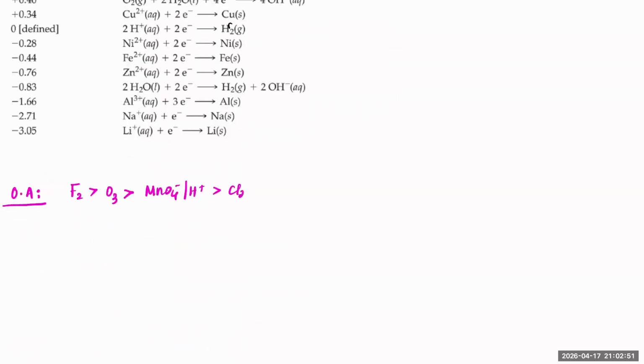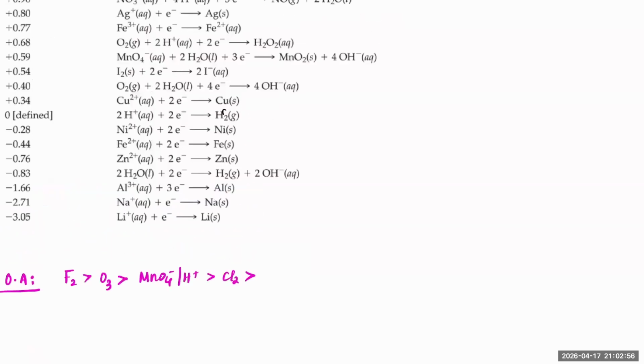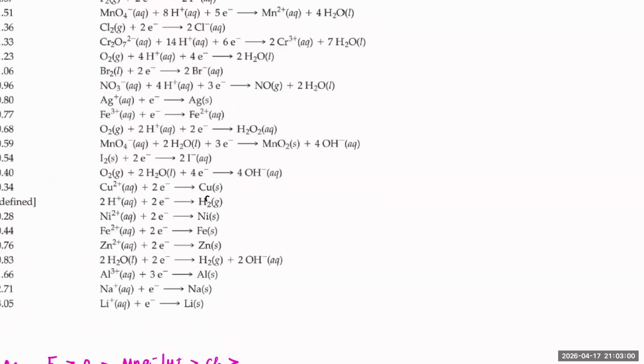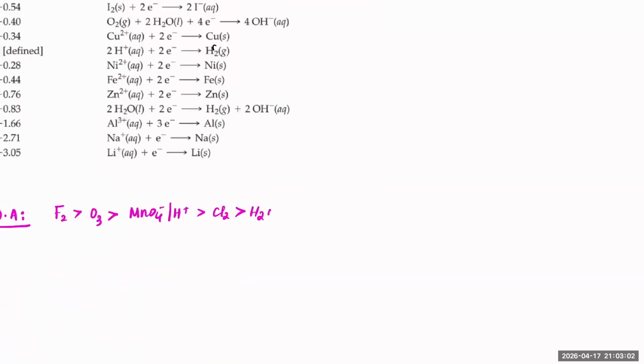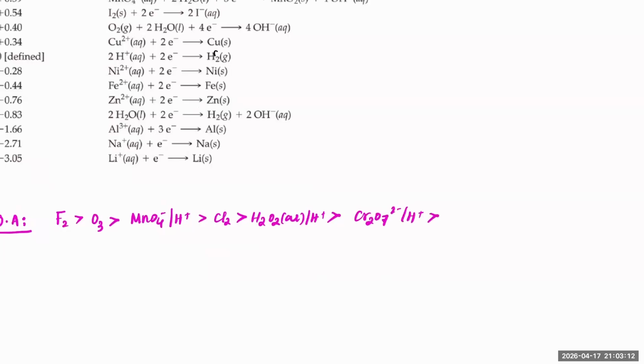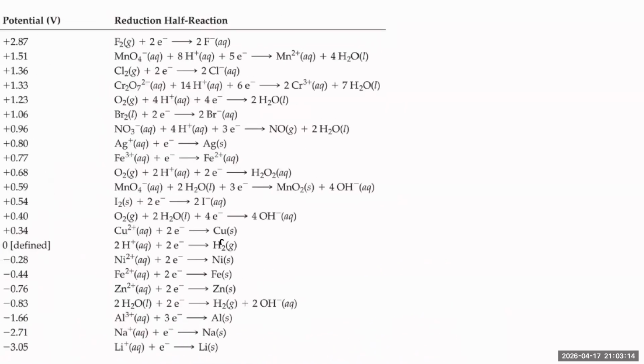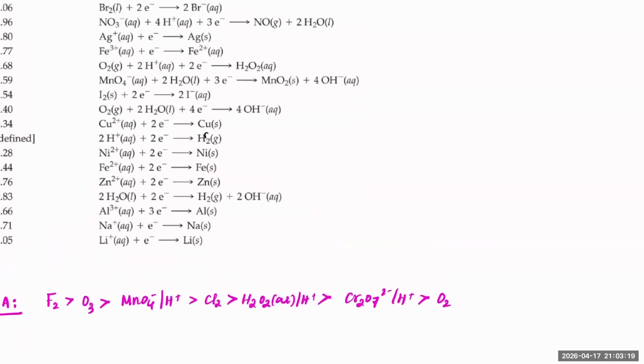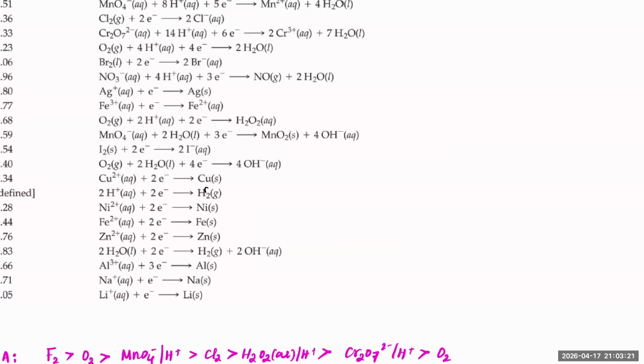And then comes chlorine, right? And after chlorine, we have peroxide actually, H2O2, which I have not written, but it is peroxide in acidic medium. And then dichromate, Cr2O7 2 minus in H plus. And then we have oxygen, O2, getting reduced to convert into water.